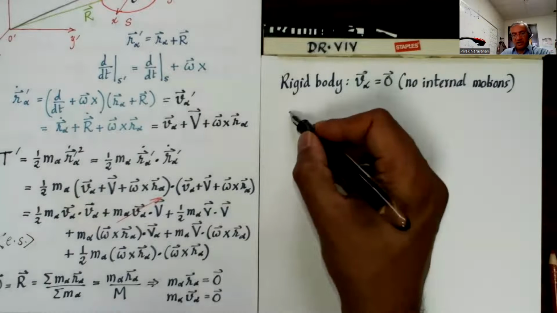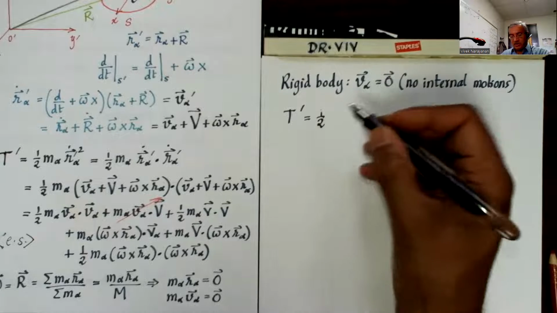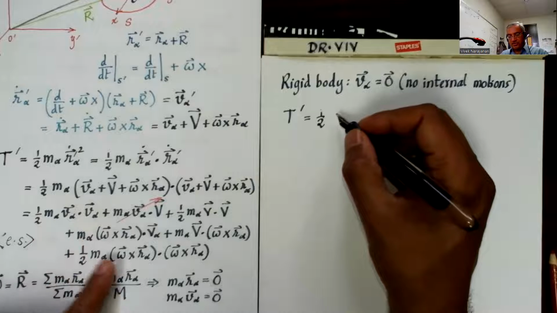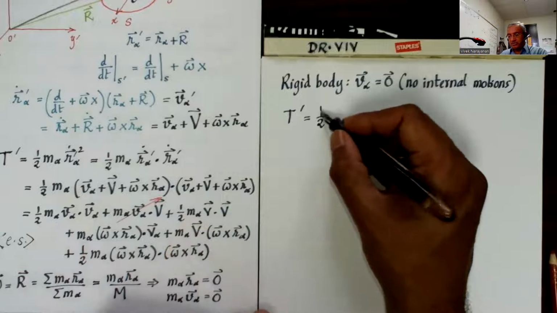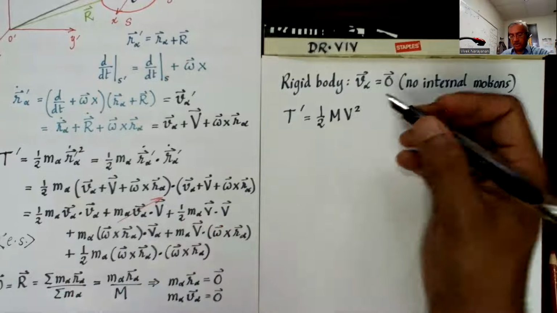So the only terms remaining from this procedure is 1/2 the total mass. When I compute the total mass, it's going to be summed over all m for that one. So it's 1/2 capital M v squared, because v dot v is v squared.